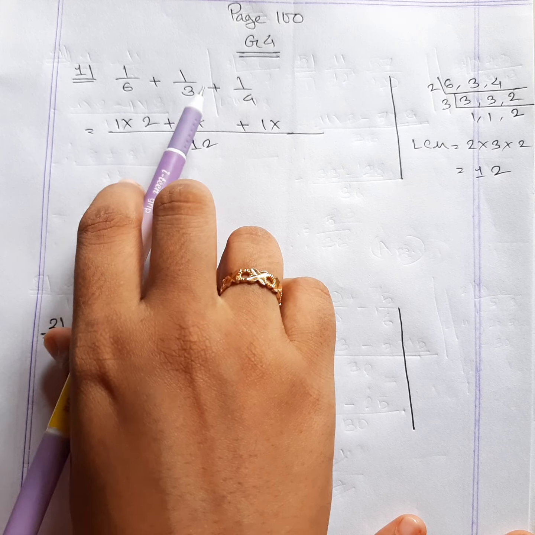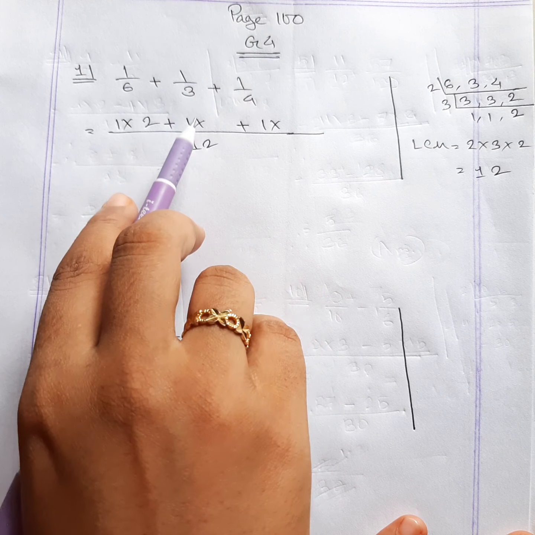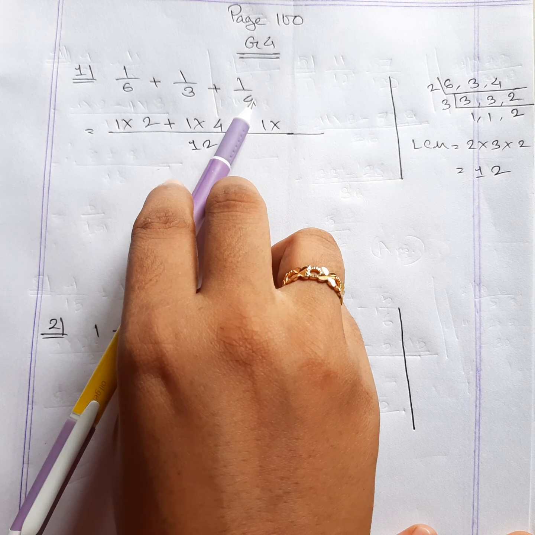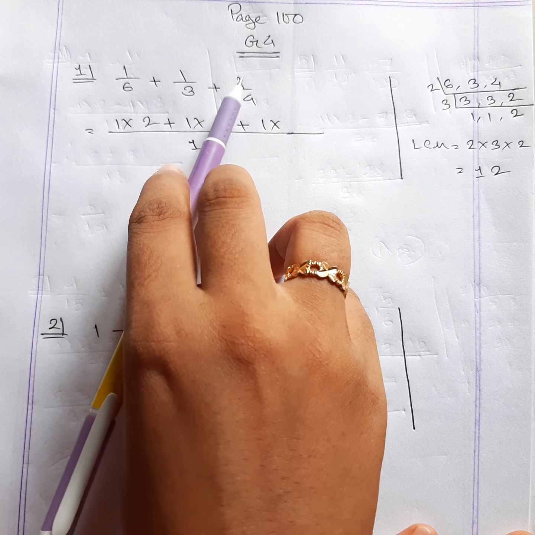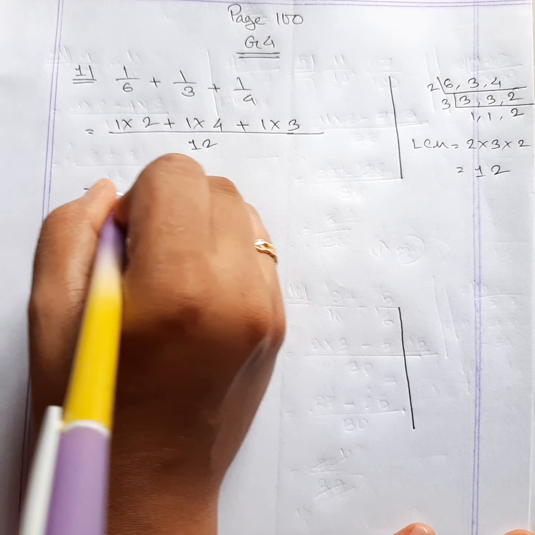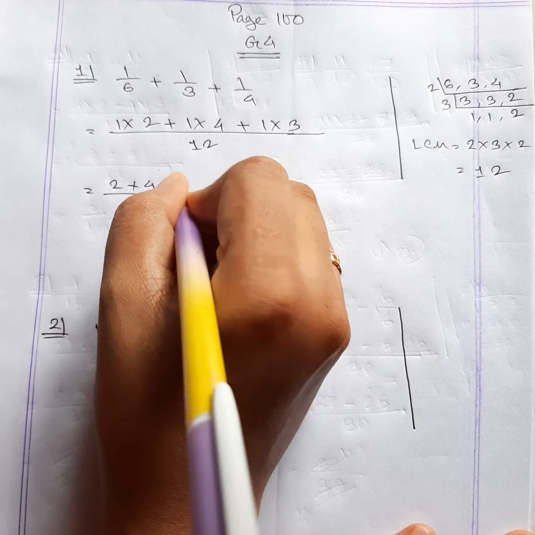Dividing the LCM by the second denominator, the answer is 4, which is multiplying with the second numerator. And dividing the LCM 12 by the third denominator, the answer is 3, which will be multiplied with the third numerator. Mashallah, it's a pretty long line, right? 2 ones are 2 plus 4 ones are 4 plus 3 ones are 3.